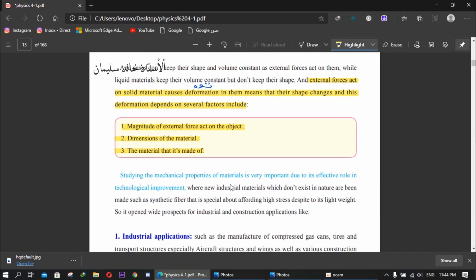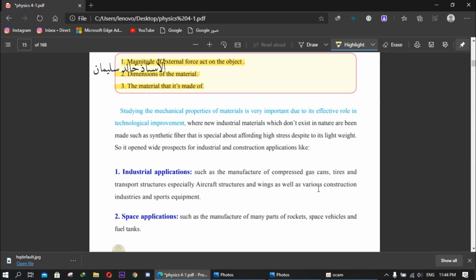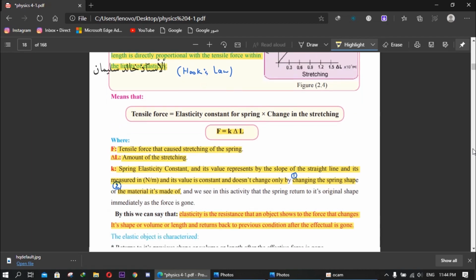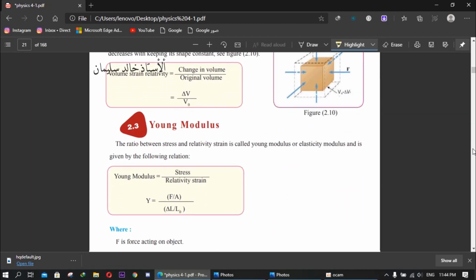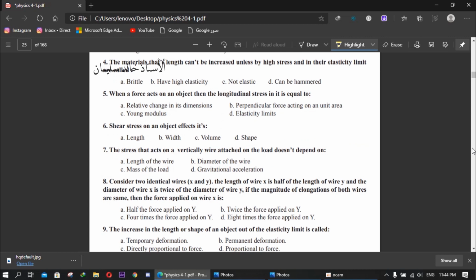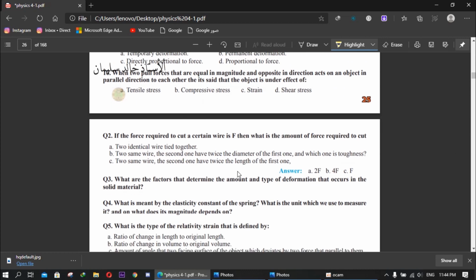Now let's answer a question in the chapter questions. Question number 3. What are the factors that determine the amount and type of deformation that occurs in a solid material?